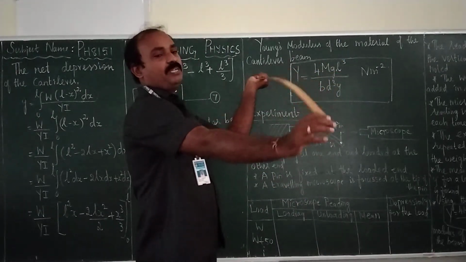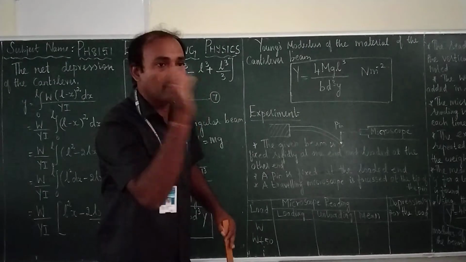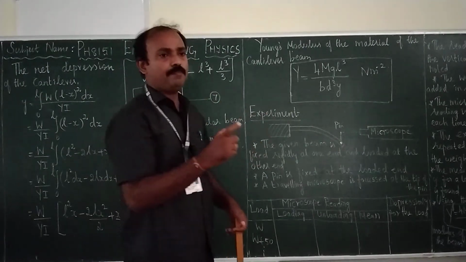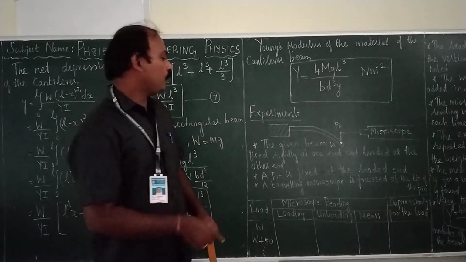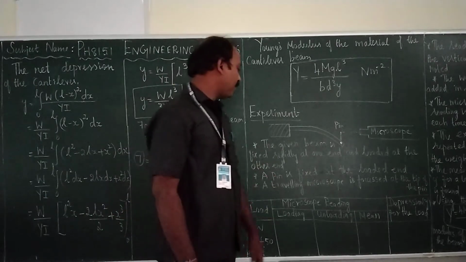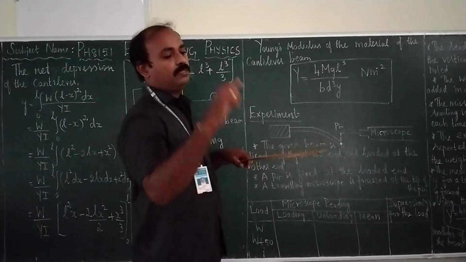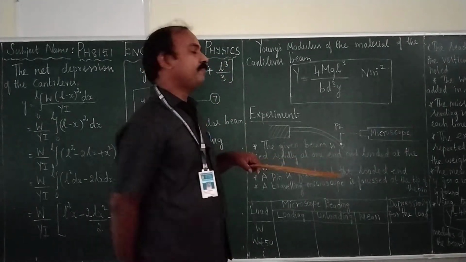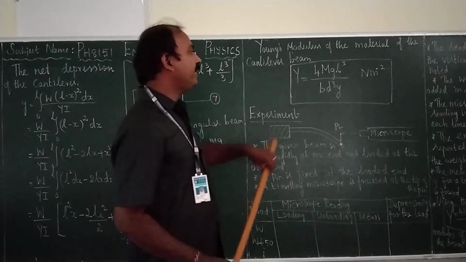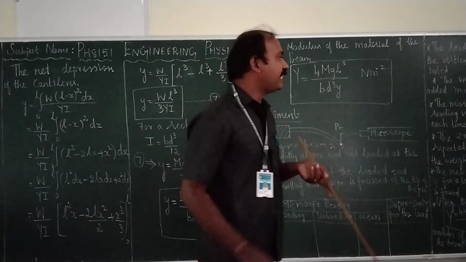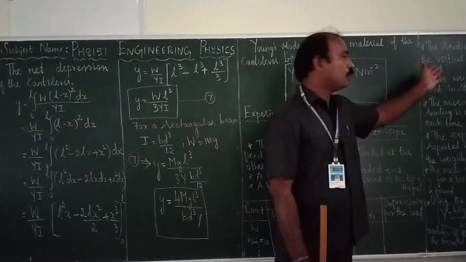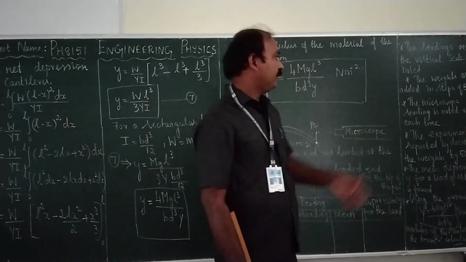That depression is found by focusing the tip of the pin with the help of the microscope. With the traveling microscope, you focus the pin on the cross wire of the microscope. Then the corresponding readings on the vertical scale of this microscope are noted.